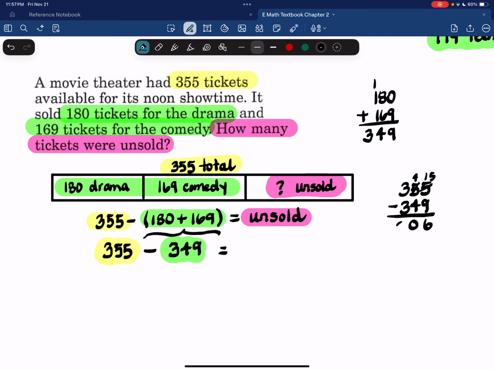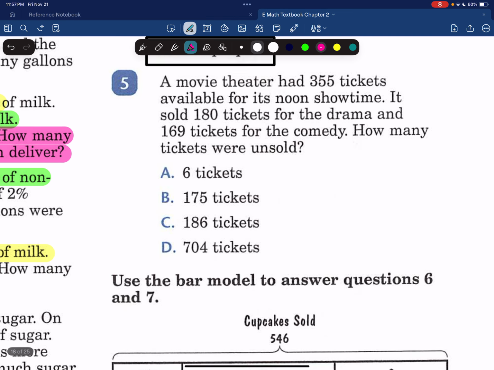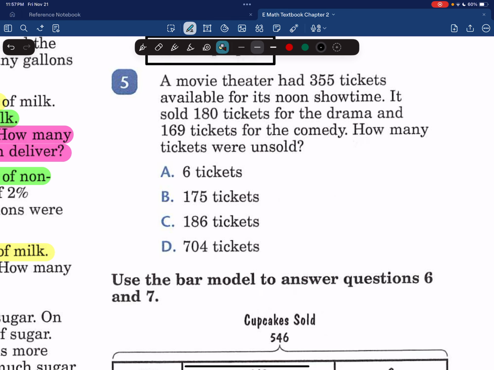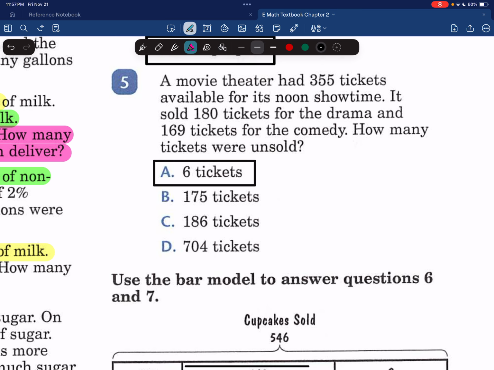And 3 take away 3 is 0. So there were 6 tickets that did not sell. That's pretty good to have only 6 unsold. And that should be our answer. And there it is. That's always nice when you can look down here and see your answer. 6 tickets did not sell. That's answer A.